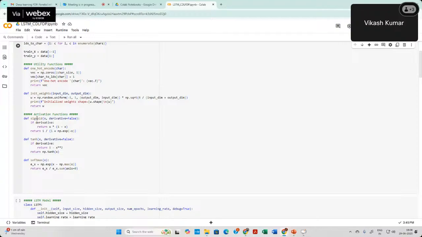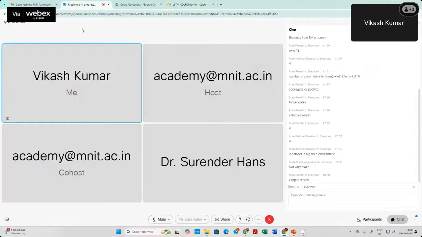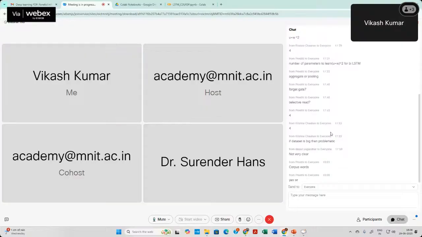So as we all know, all of the gates use sigmoid and tanh. So my question is, can we use some other activation functions here rather than sigmoid or tanh? Can we use? So what will happen? Yes, exactly, very true. But what will happen then?